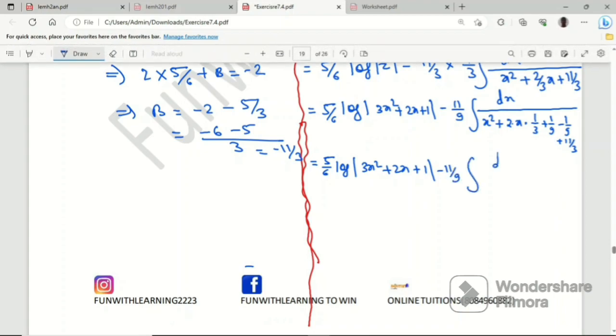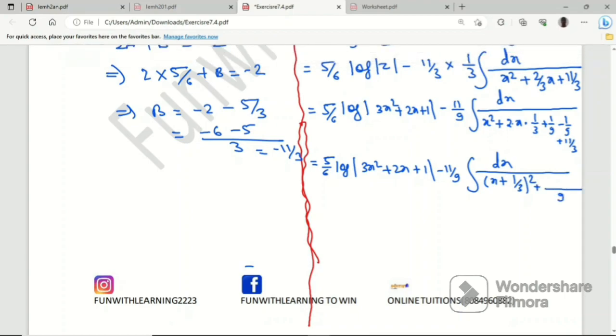It will give me dx upon x plus 1 upon 3 a whole square. A square plus b square plus 2ab. Okay, it's fine. Plus I will take LCM. It will give me 9 minus 1 plus 3 into 3 times. It will give me 33.